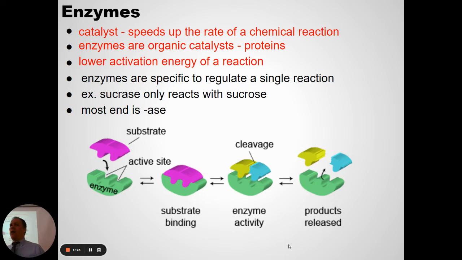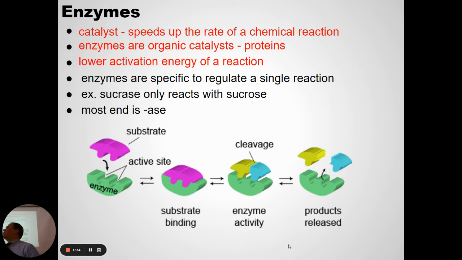Basically, they allow a chemical reaction to take place when they lower the amount of energy it needs for these to happen. And enzymes are very, very specific. A single enzyme only helps a single chemical reaction to take place. So if we have thousands of different chemical reactions taking place in our body, we have thousands of different enzymes allowing them all to happen.